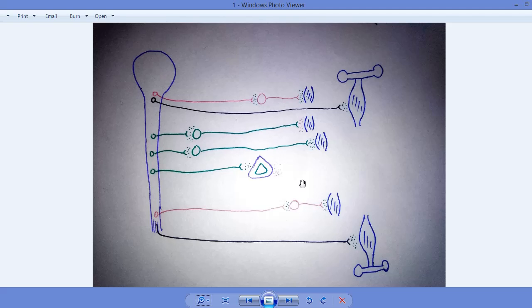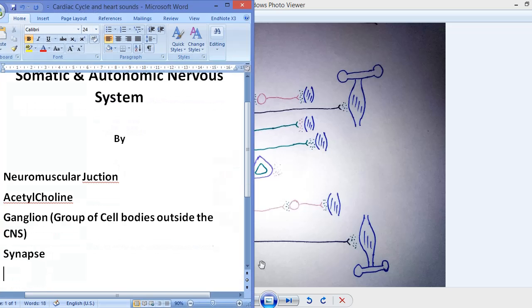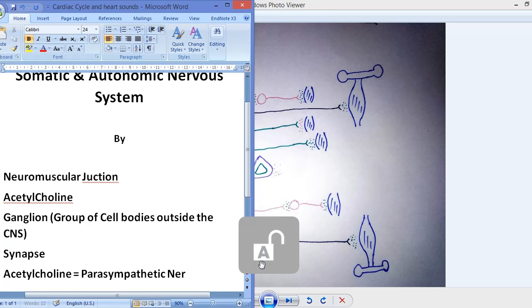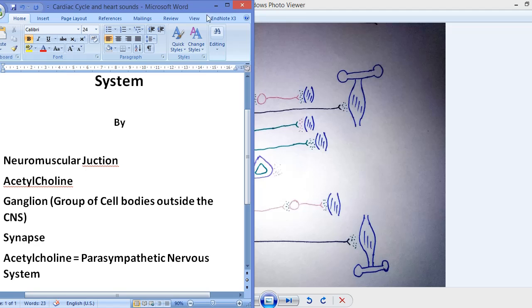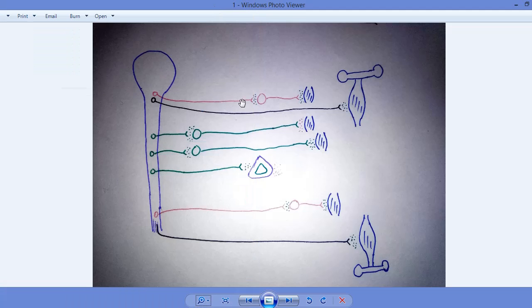So the neurotransmitter of the parasympathetic nervous system will be acetylcholine.